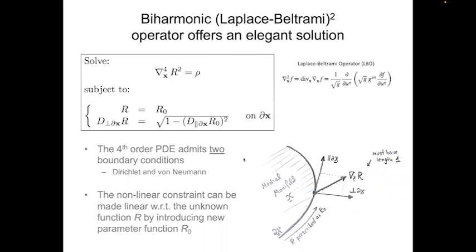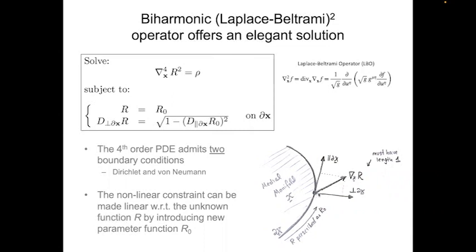So basically, if we know that r is equal to r0 along this curve, and that grad r is equal to 1 along this curve, we can just write down an expression for the von Neumann boundary condition using this square root that just involves the derivatives of r0. So it becomes linear.